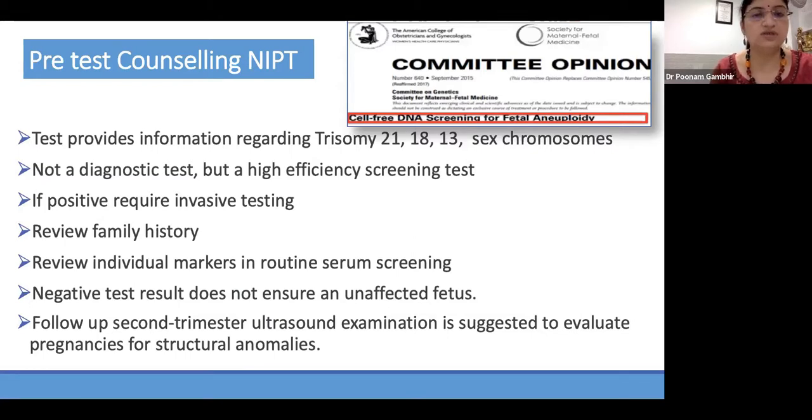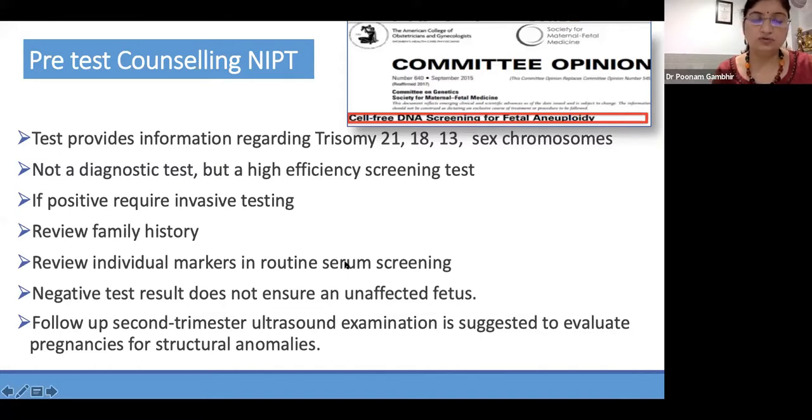It requires invasive testing if it's positive. Before offering, you should check the family history and any background, such as a previous baby with mental retardation, because then NIPT alone will not help. It is better to go for invasive testing and the broad karyotype or the microarray. You should also look at the individual reports of the serum screening.